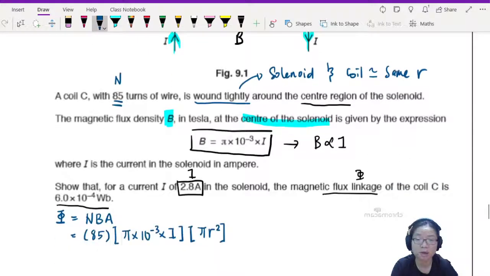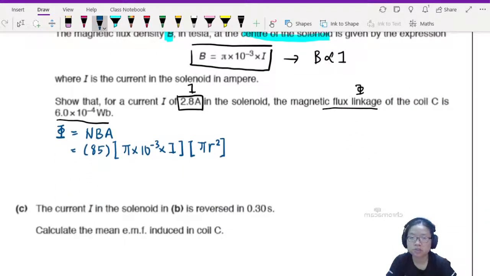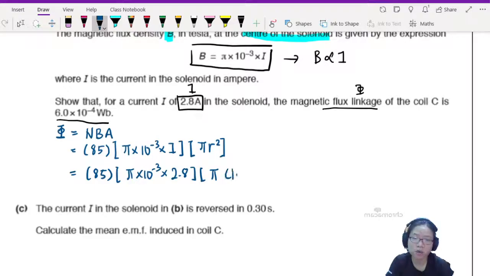So I can use back 1.6 cm. Now I will substitute: 85, pi, 10 to the negative 3. Value of current is 2.8. Another pi here. Radius is 1.6 times 10 to the power of negative 2. We need to convert cm to meters so that the final answer is in SI units.